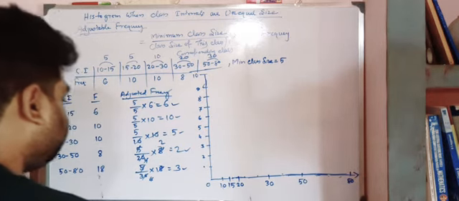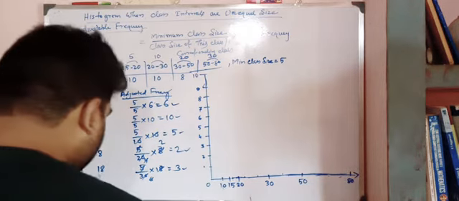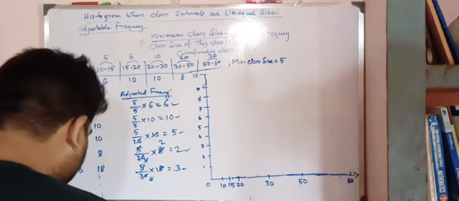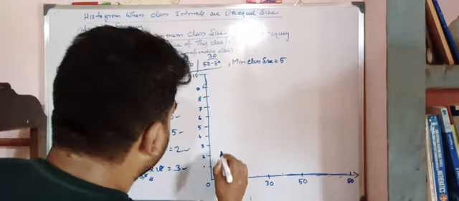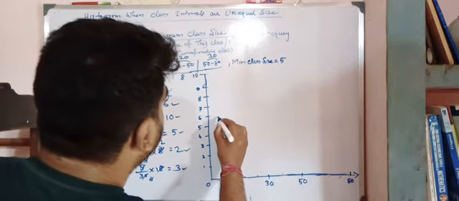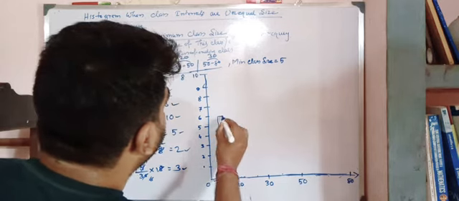So we are just drawing the rectangle according to the corresponding interval, that is 10 to 15. How tall will the rectangle be? The adjusted frequency is 6, so we start from here. This is the adjusted frequency.